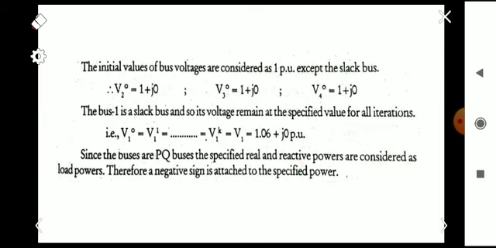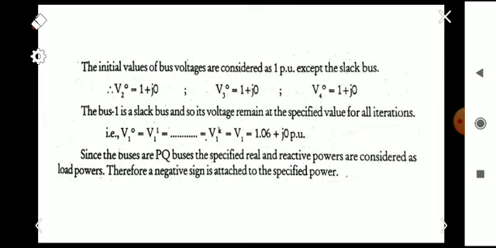Since the other buses are PQ buses, the specified real and reactive power are considered as load powers. Therefore a negative sign is attached to the specified power. That is for a pure load bus. For a pure load bus, the real and reactive power are considered as negative, because we know that a load is consuming power. In that sense, we can assume the power is negative.